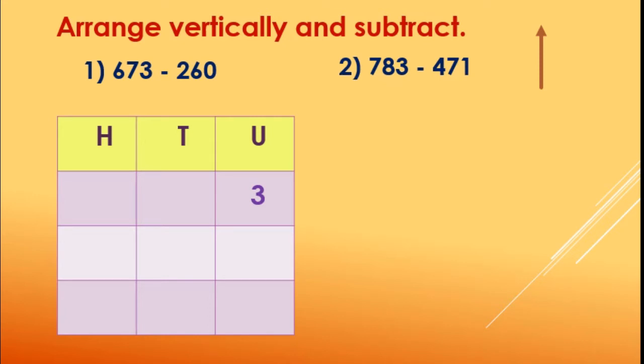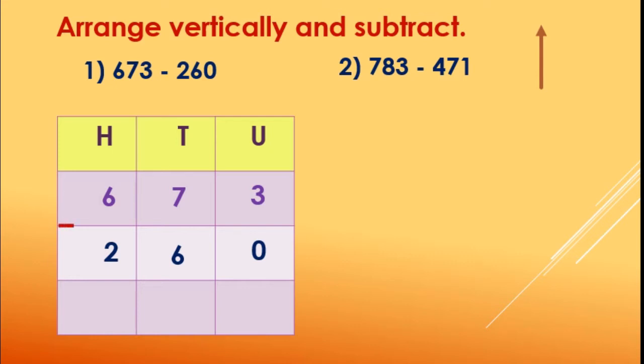First number we will write 673. From unit place we will start, that is 3 in the unit place, 7 in tens place and 6 in a hundreds place. Now second number 0 in units place, 6 in tens place and 2 in hundreds place.